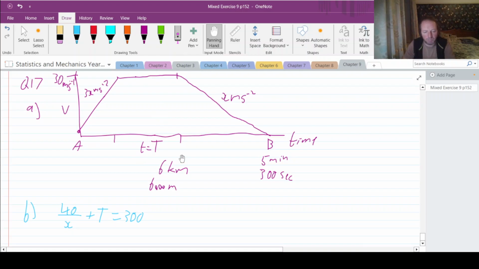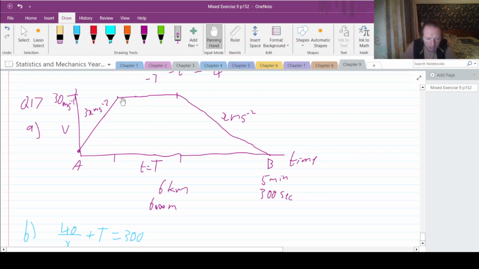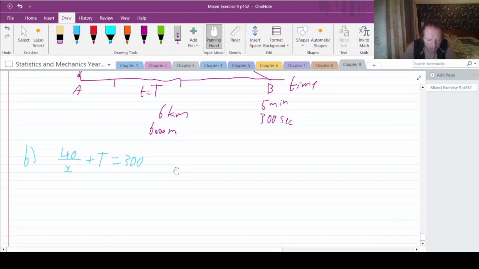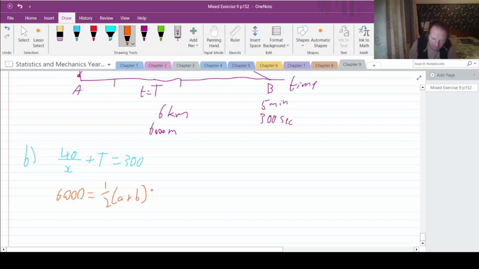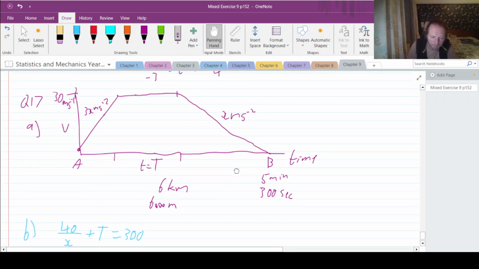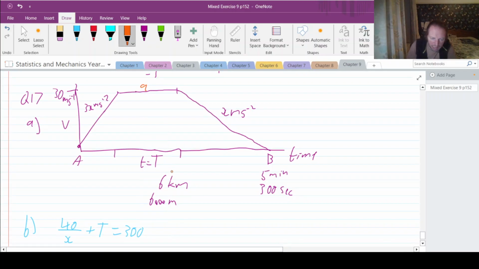I suppose we could look at something that does distance. We know the length of that is t. We know the length of that is 300. Yes. So the total distance is equal to 6,000. And that's got to equal half a plus b times h, the trapezium formula, where a and b are the bottom and the top of the trapezium, and the h, of course, is the height.